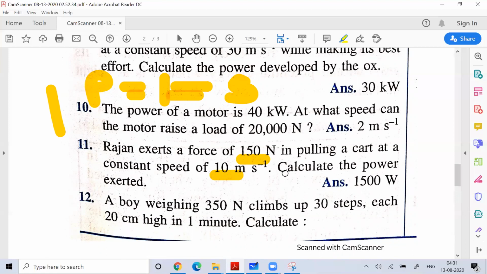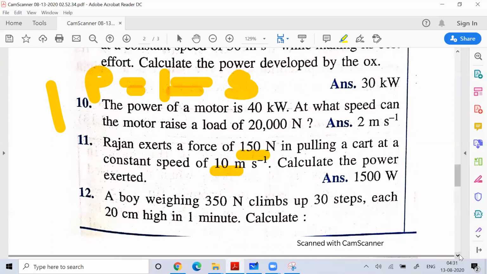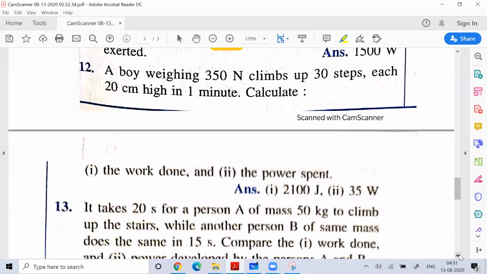Then question number 12. A boy weighing 350 Newton climbs up 30 steps, each 20 centimeter high, in 1 minute. Calculate the work done. So force is 350 and the distance is 30 into 20, which is in centimeter.